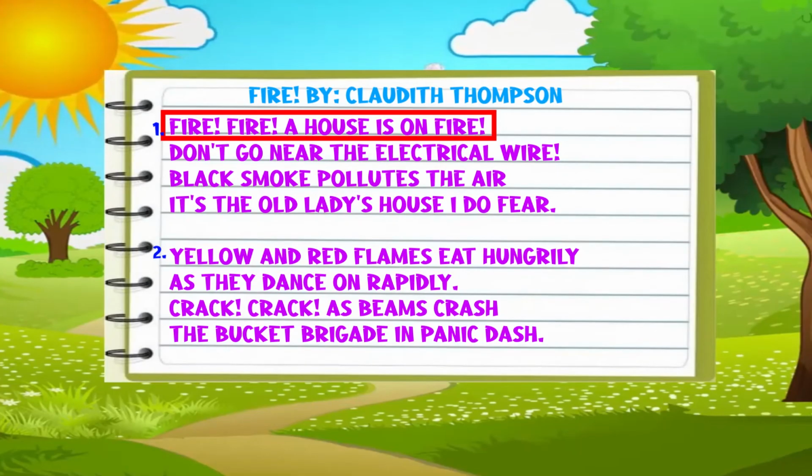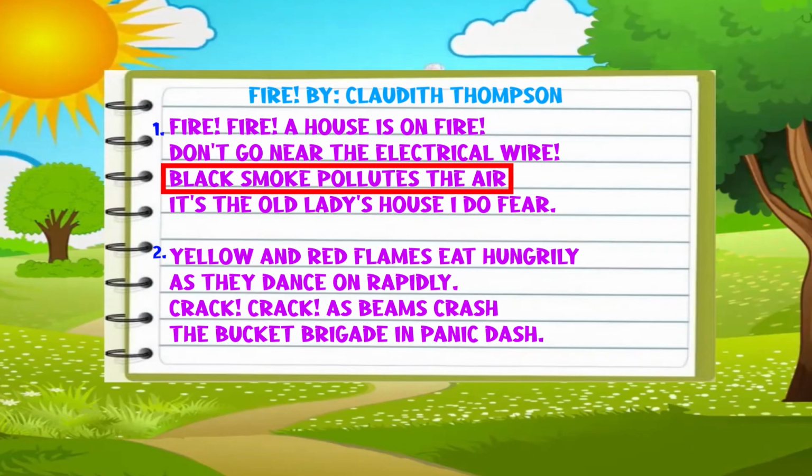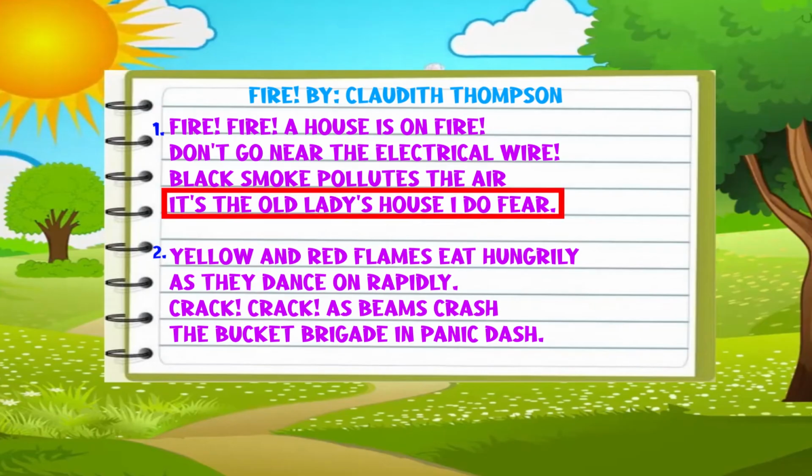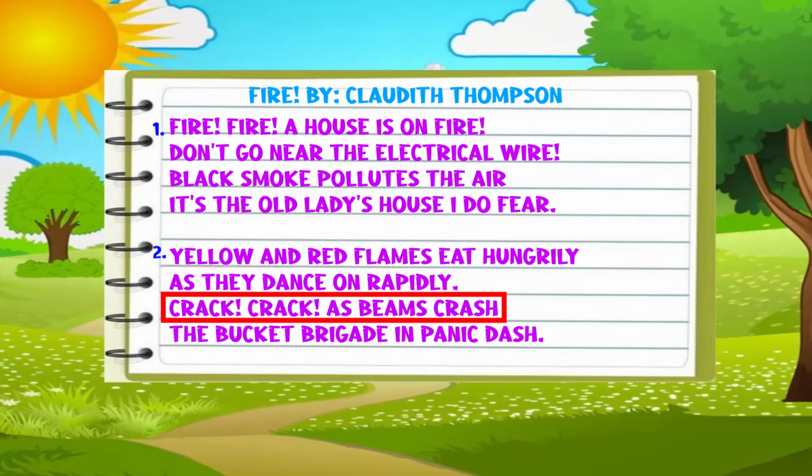Fire, fire! A house is on fire. Don't go near the electrical wire. Black smoke pollutes the air. It's the old lady's house I do fear. Yellow and red flames hungrily as they dance on rapidly. Crack, crack as beams crash. The bucket brigade in panic dash.